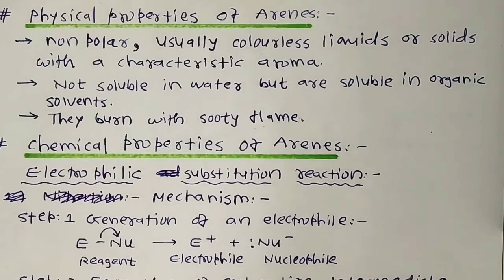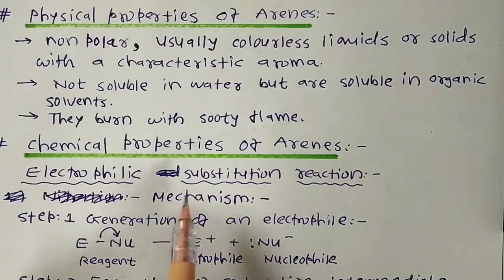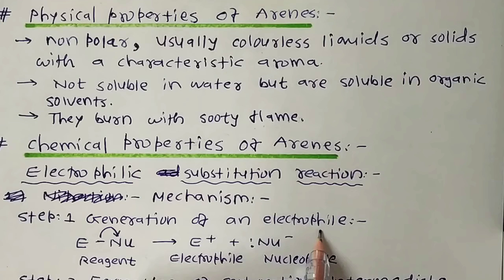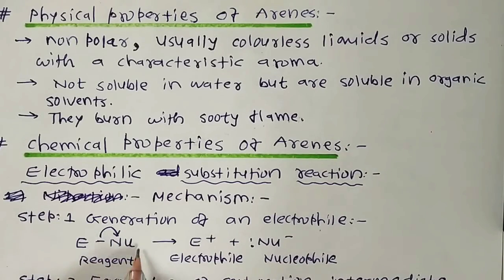What is the first step? The most important step is the first step, the generation of an electrophile. What is the meaning of generation? First, an electrophile is generated as a result of some preliminary reactions. For example, if I have a certain type of reagent E-Nu, E means electrophile and Nu means nucleophile, but they are neutral in nature.